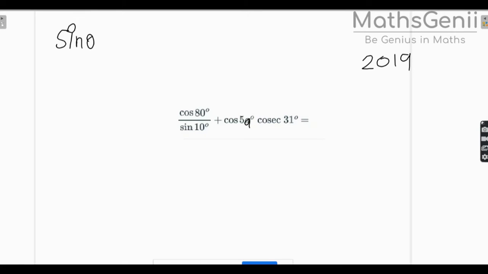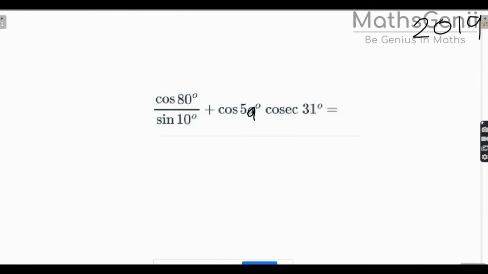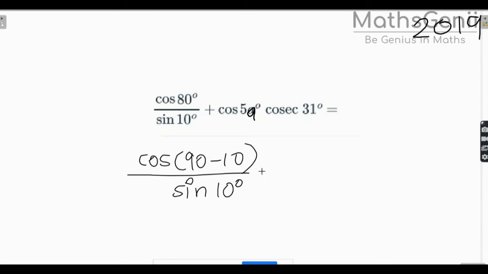Sine theta is equal to cos 90 minus theta. This is a rule. Now whatever value of theta is here will come here. I'll tell you with the example itself. Now here you have cos 80. I can write 90 minus 10 is 80 only, right? Upon sine theta as it is.